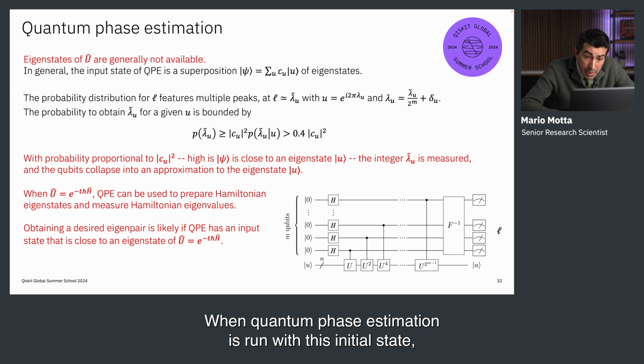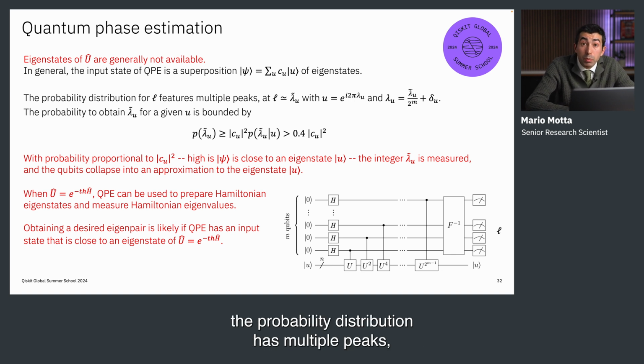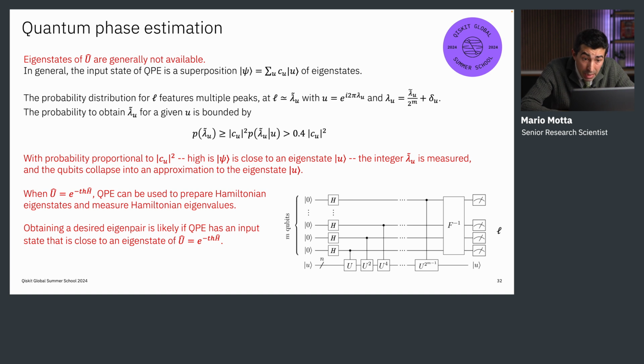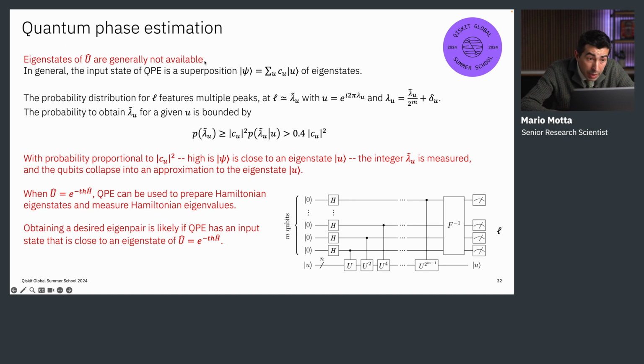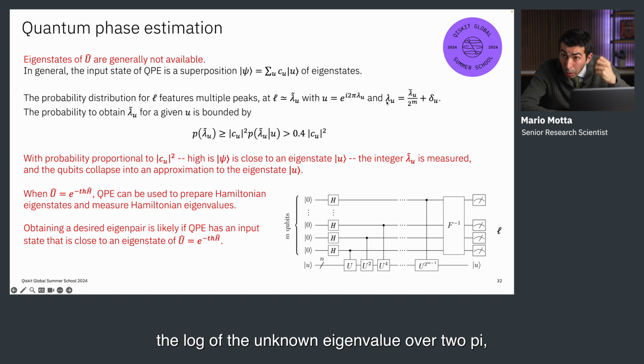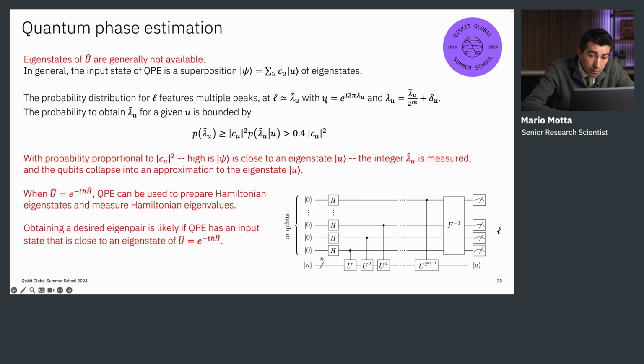When quantum phase estimation is run with this initial state, the probability distribution has multiple peaks, each centered at an integer approximation, lambda tilde u, of a multiple of lambda u, the log of the unknown eigenvalue over 2 pi.